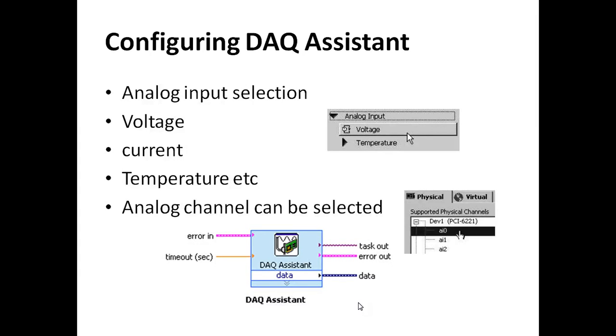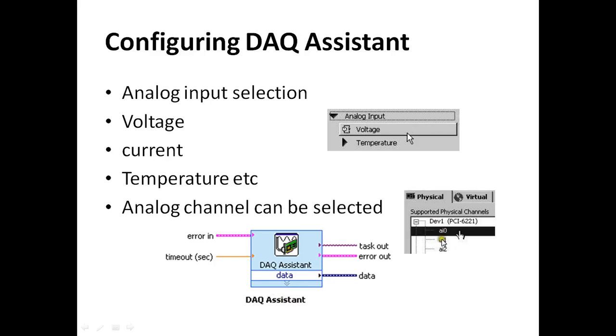If we are going for analog input, there also we will have voltage, temperature, current, like that. Whatever parameter we are going to measure, we can directly give, and after that we can go for the channel selection, which channel we are going to select. After all these things, we will directly get the DAQ Assist system.